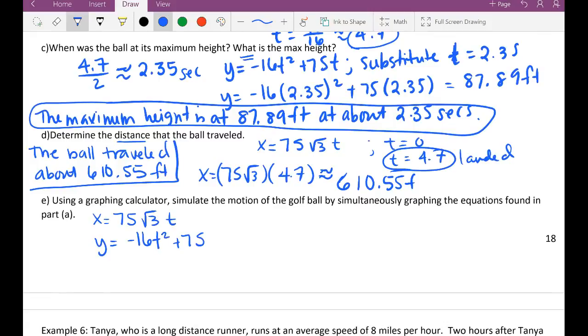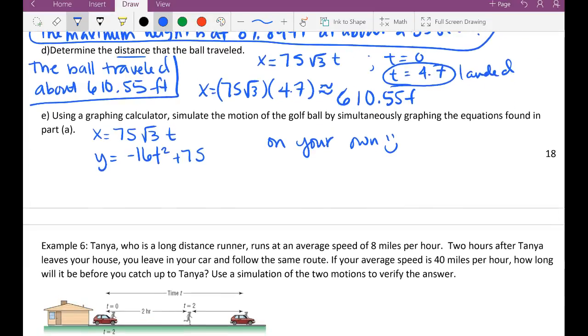When you go into your calculator, make sure you change it to parametric mode so you can see the motion, the movement of the ball. This is really on your own, and see how fun it is. You can hit pause until you have gotten a chance to draw it out on your calculator.